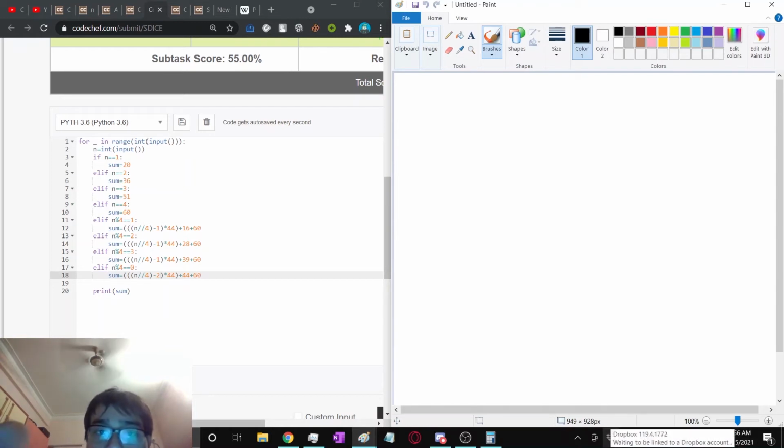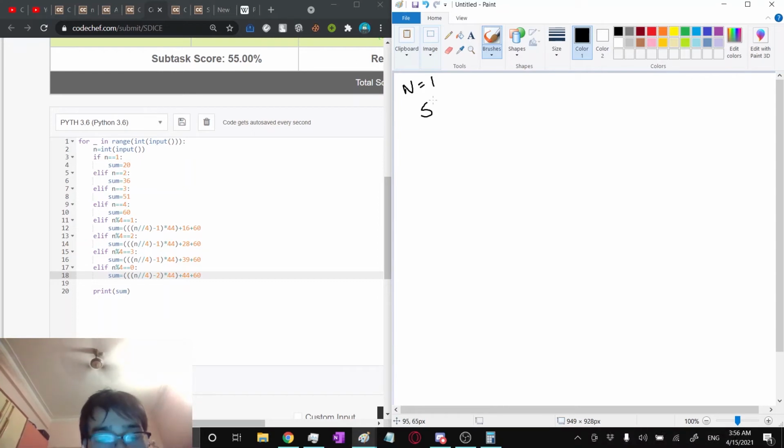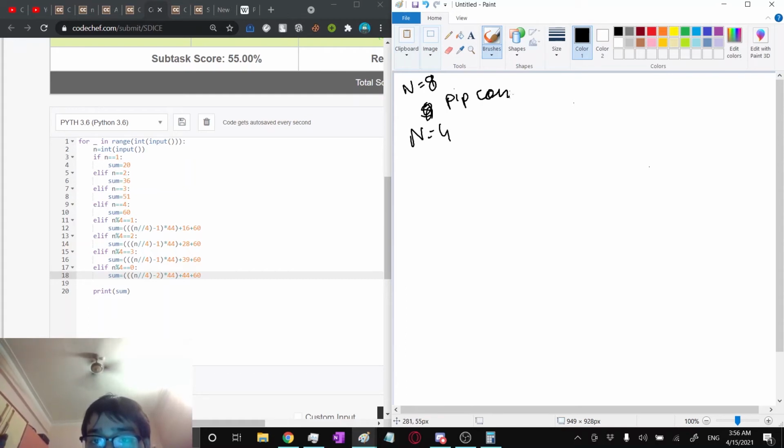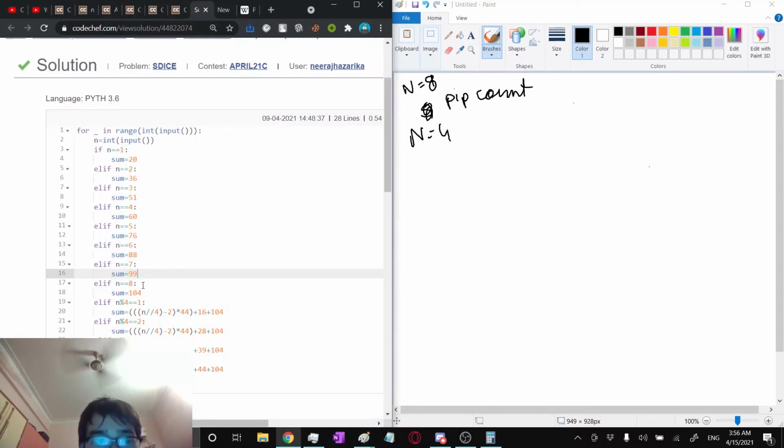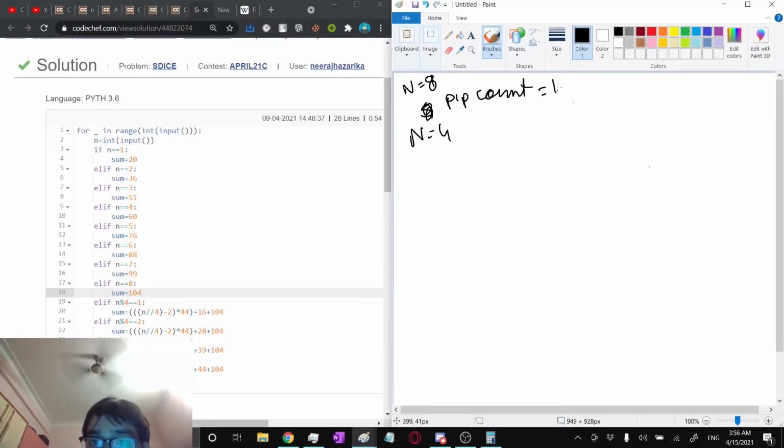So basically what I'm doing is I saw another pattern between n equal to 8 and n equal to 4, 60 minus 20. Here the pip count was, let's see, from over here, 104, and here the pip count was 60.